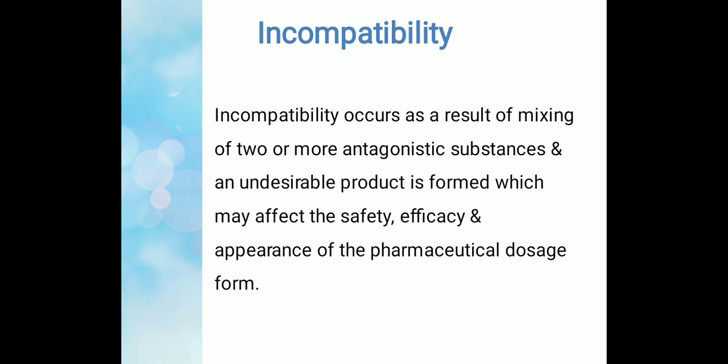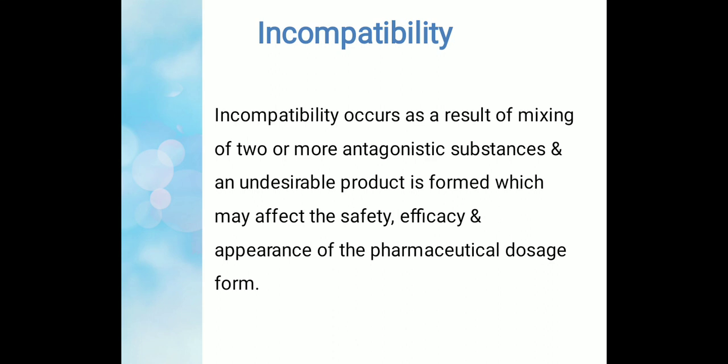Incompatibility occurs as a result of mixing two or more antagonistic substances, and an undesirable product is formed, which may affect the safety, efficacy and appearance of the pharmaceutical dosage form.